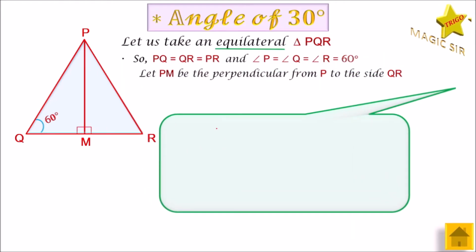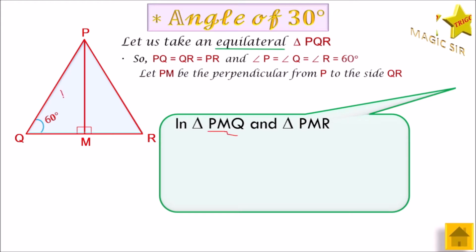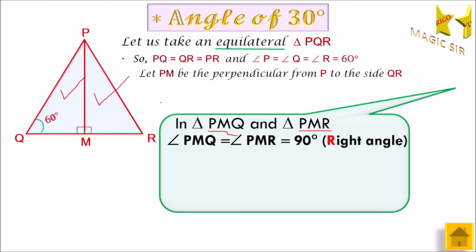First, triangle PMQ and triangle PMR are both right angled at M. In triangle PMQ and triangle PMR, angle PMQ is equal to angle PMR equal to 90 degree. Both are right angles.